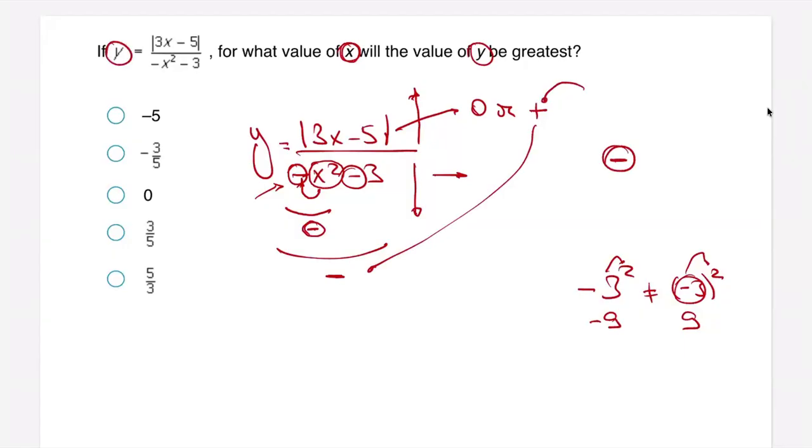And I want y be the greatest. So it's better here be 0. Because 0 is greater than negative. Okay? So I want this be 0. 3x minus 5 is equal 0. 3x is equal 5. x is equal 5/3.